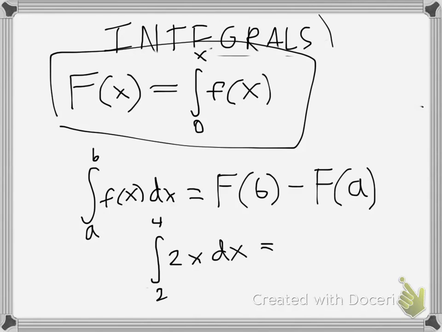Well, it would be F of b, which means we're plugging in b. In this case, b is 4, so it would be the integral from 0 to 4 of 2x, minus the integral from 0 to 2 of 2x.